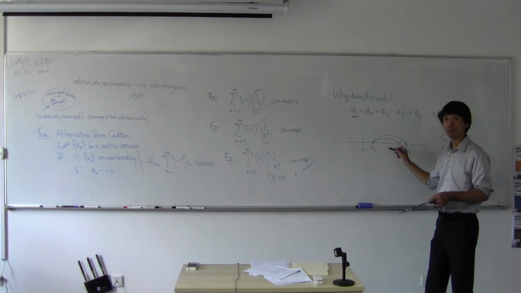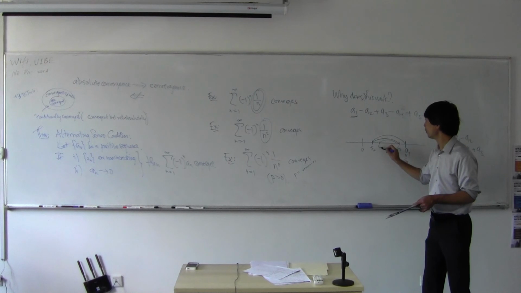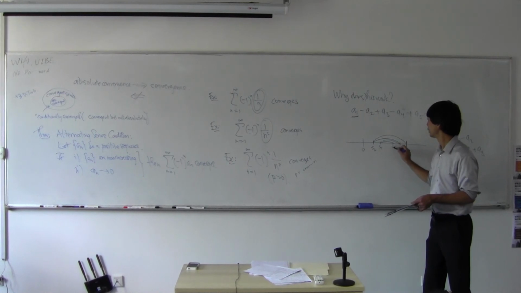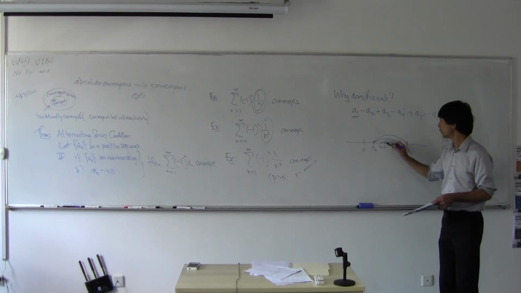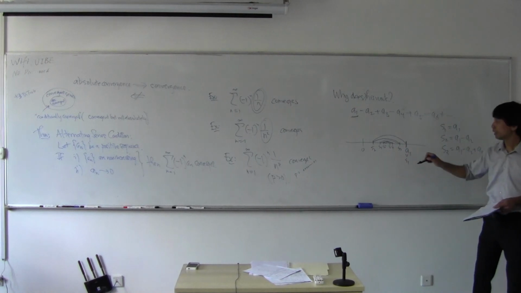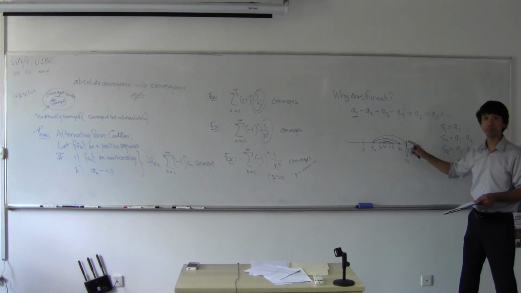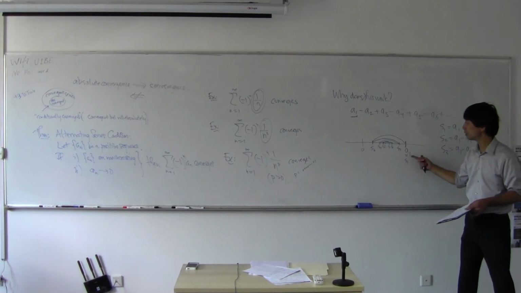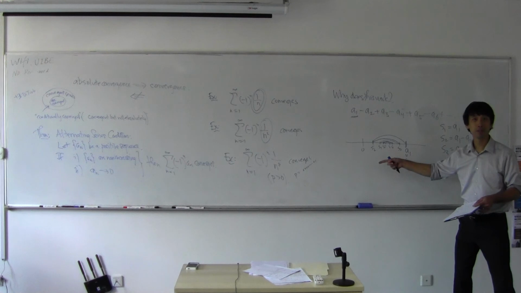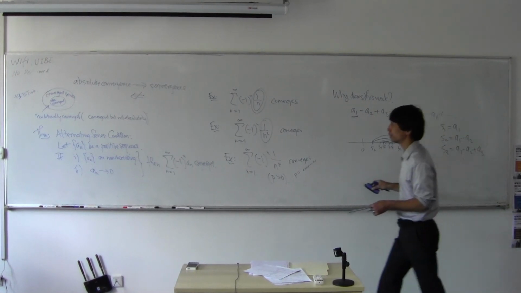And so what do you see happens? Then you come back here to S4, S5, S6, S7, S8, etc. And what you see is that the even guys form an increasing sequence, and the odd guys form a decreasing sequence. So just look at the picture.